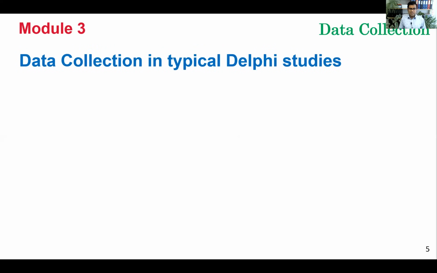As soon as designing the Delphi study is completed, the research problem is defined, the expert panel is formulated, and Delphi rounds are decided, it is time to collect essential data to continue the process.